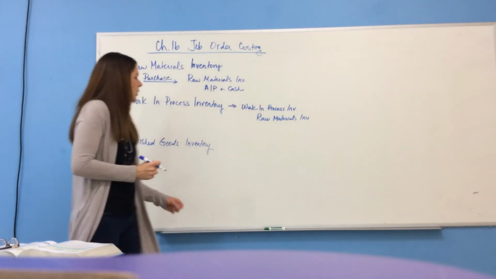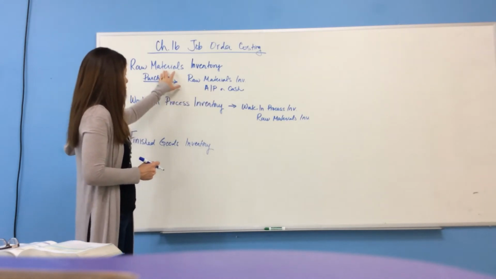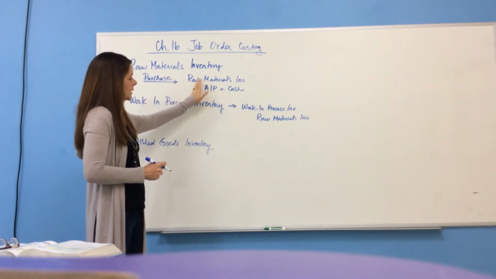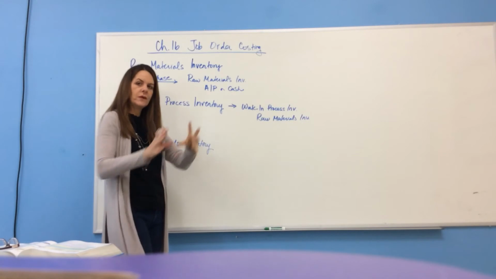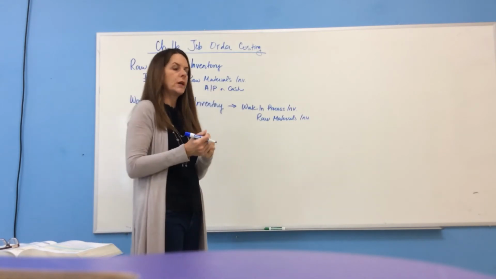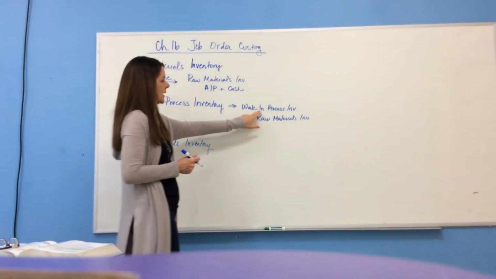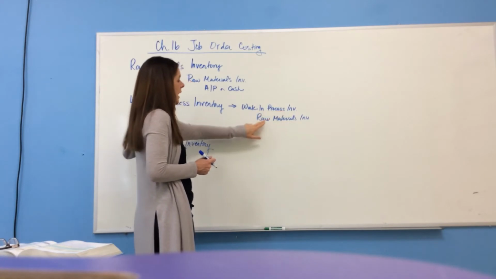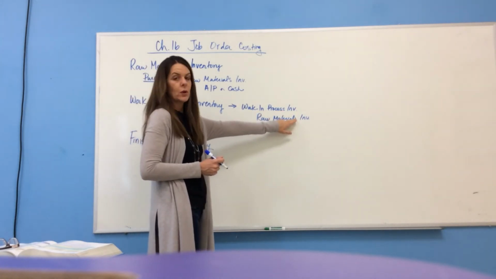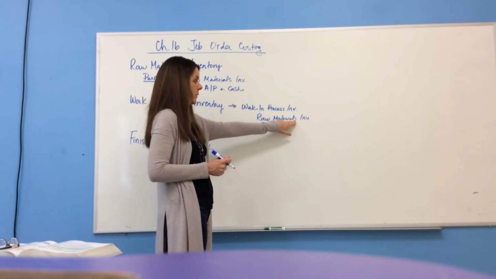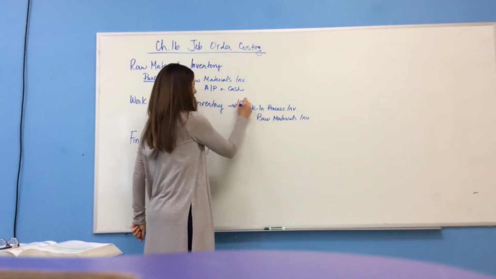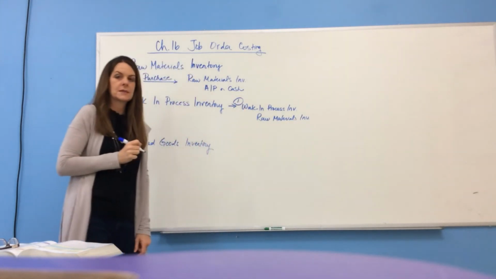So when you move the raw materials that you just purchased up here into the process, right? You move it out onto the process floor. You start working on those goods. You're going to debit an account called work in process inventory, and you're going to credit raw materials inventory. That's for the materials. Okay, that's the first way that you're going to debit work in process inventory.